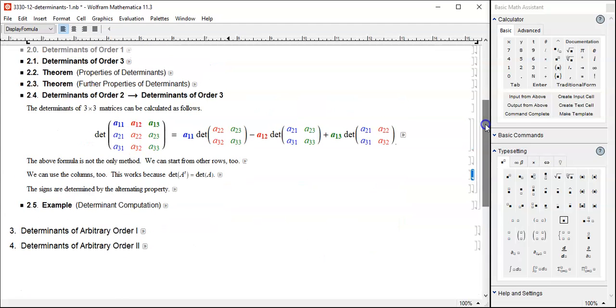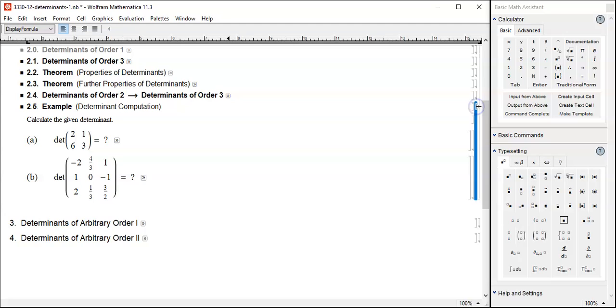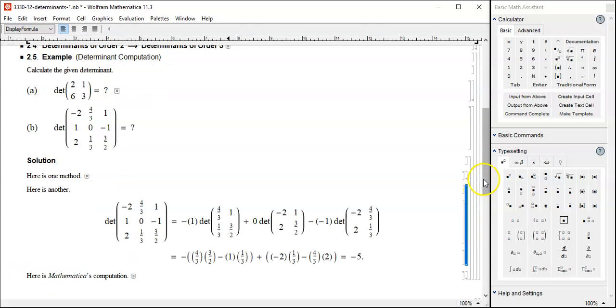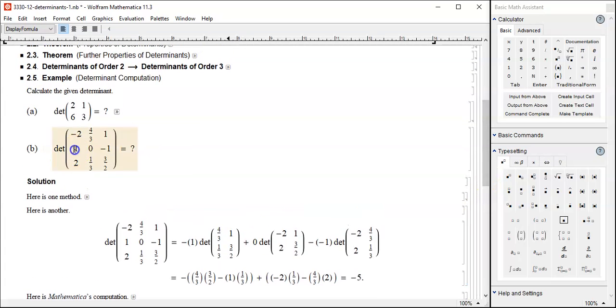So keep those in your mind, and let's have an exercise. We already did this problem using the crisscross method, and the answer was -5. And then can we use the same thing using the second row? This is plus, so we have minus, plus, minus, and then we have 1, 0, -1, and then the deleted matrices.